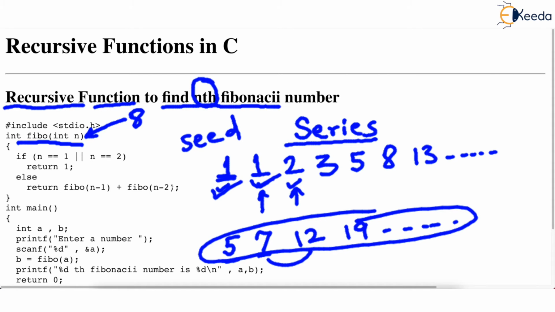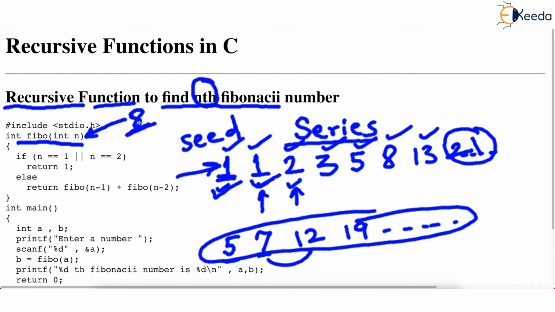That means if you actually count these Fibonacci numbers, this is first, second, 3, 4, 5, 6, 7 and 8th one is going to be 21. So if I pass 8 to this Fibo function, then Fibo function should return only 8th Fibonacci number, that is 21. Correct? That's the problem.